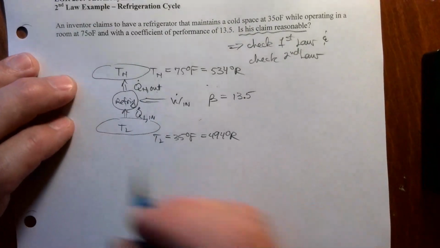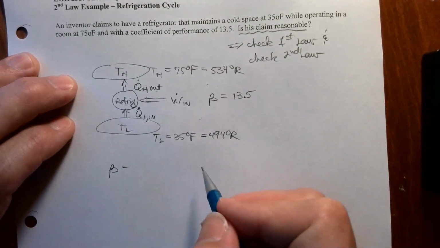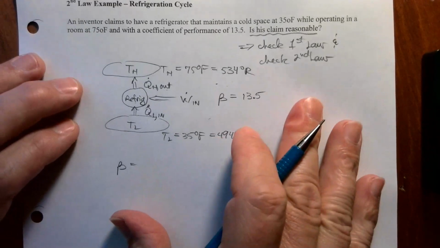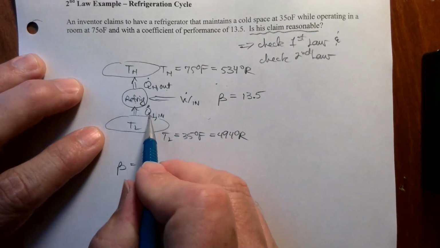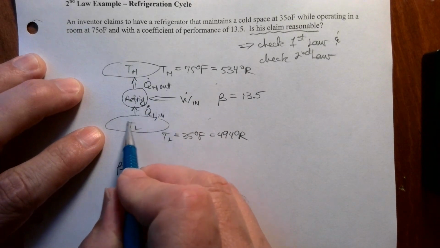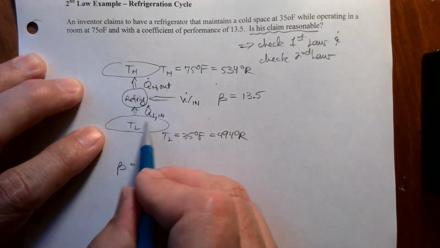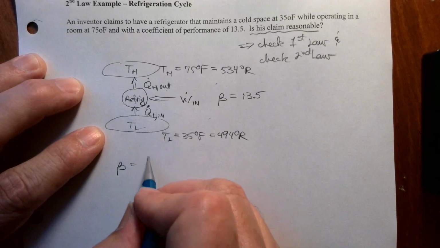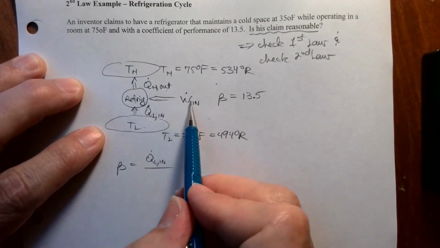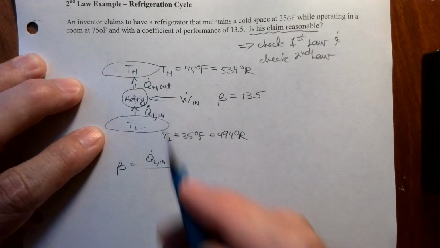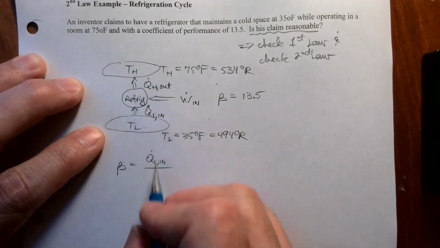Okay, so let's think about the coefficient of performance. Let's just write down our analysis tools, the definition of the coefficient of performance. In this case, the goal for a refrigerator is to pull energy out of our cold reservoir so that we can keep that cold. Q dot LN is the goal. It's costing us some power in. This is going to be power input to a compressor.